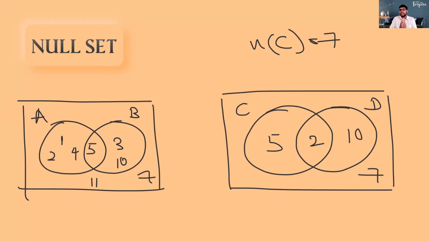There are 2 elements in the intersection. There are 10 elements in D only, and there are 7 elements outside both C and D. So here they are not saying that 5 or 2 or 10 or 7 are elements. These are the number of elements in that region, children. Keep that in mind. It's very important to understand this difference.